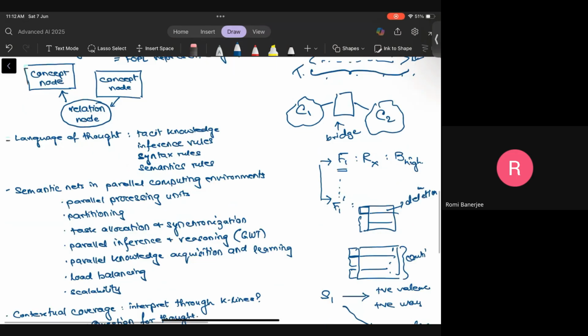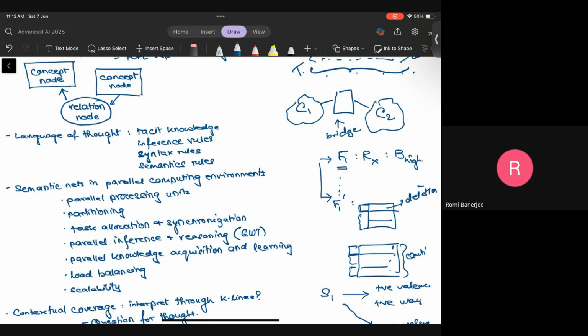The last topic I had here was semantic networks in parallel computing environments. I was talking about drawing from distributed systems, parallel processing, operating systems, databases, and computer architecture, incorporating their different algorithms to build a semantic network. It's nice to think about the hardware aspects of a semantic network as well.